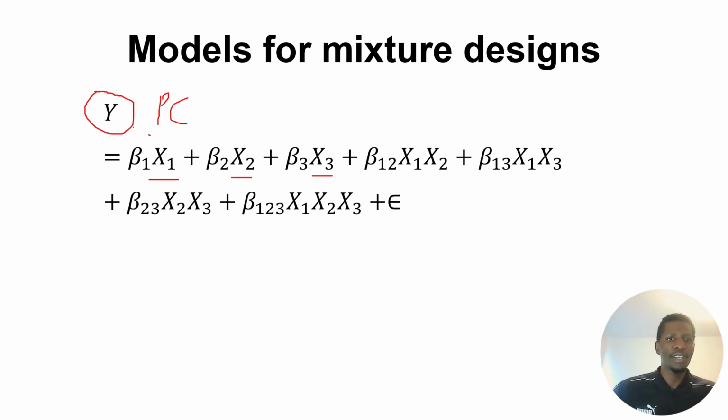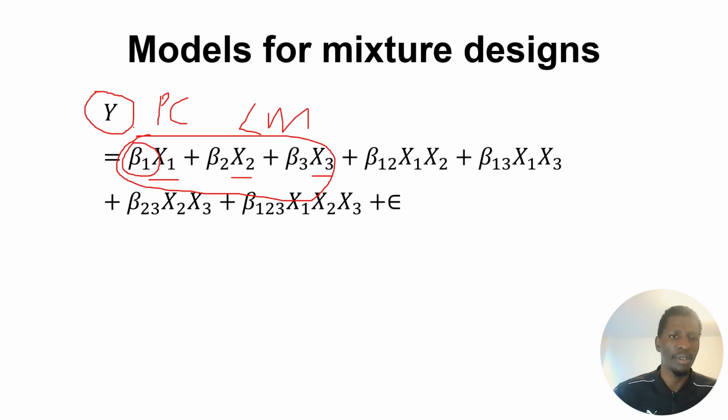The effect of these single components gives the linear part of the model. This is a linear model. And the beta terms give the magnitude of the effect of these single terms.